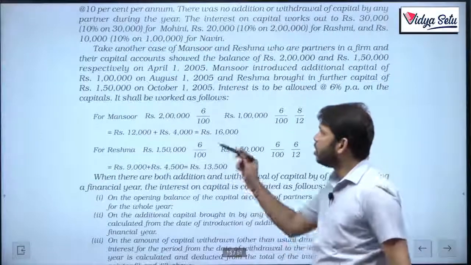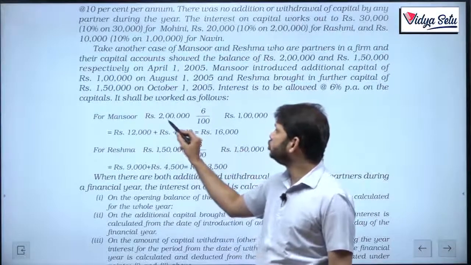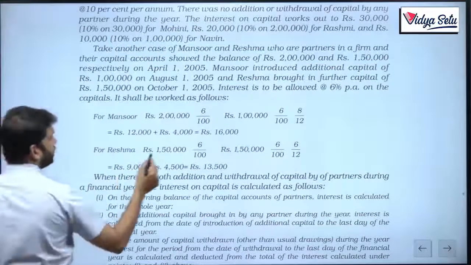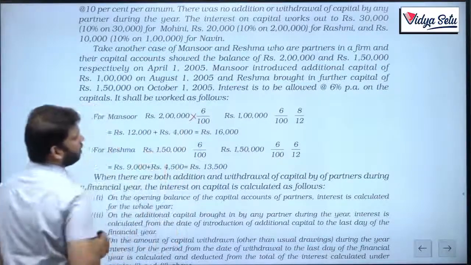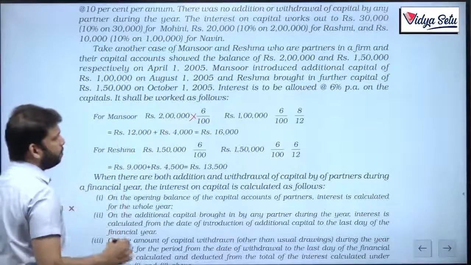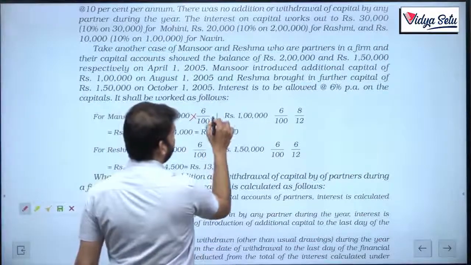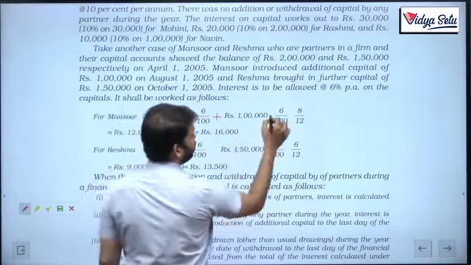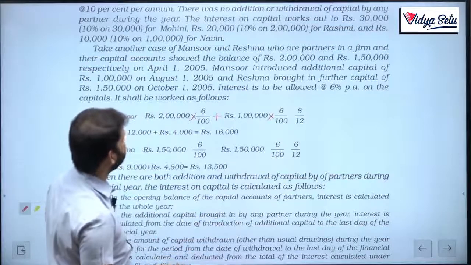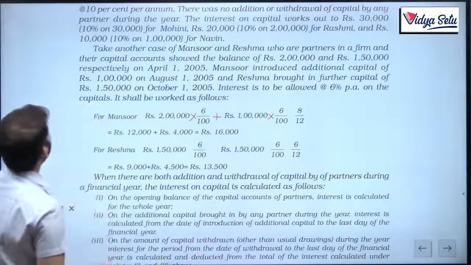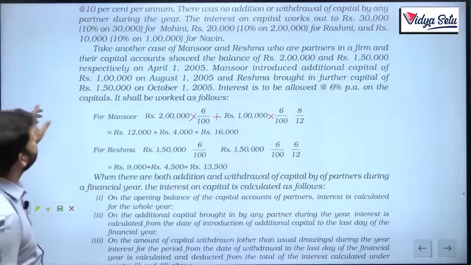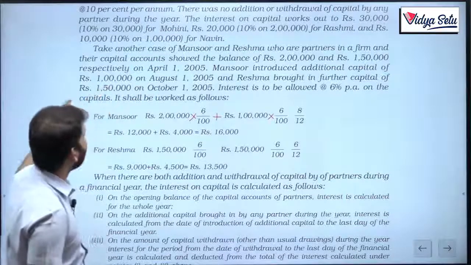So see, for Mansoor, the original 2 lakh was there for the entire year. So for the entire year 6% will be given. That comes to 12,000. But this additional 1 lakh was there only for some months. Let me check, he introduced additional capital on August 1.